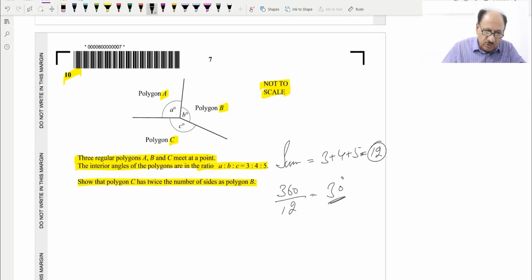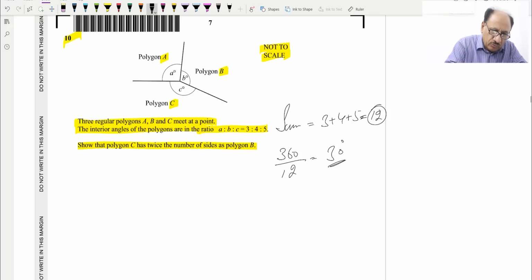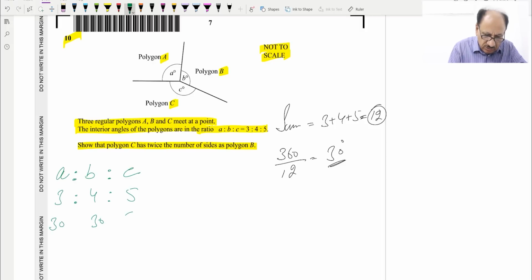Now we know the ratio A:B:C is 3:4:5, and we need to multiply everything by 30, and this one will be 90, this will be 120, and this will be 150. So these are the angles.